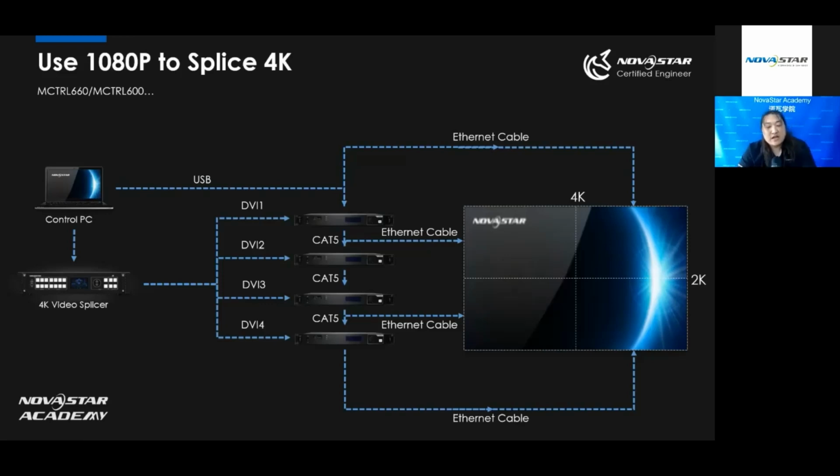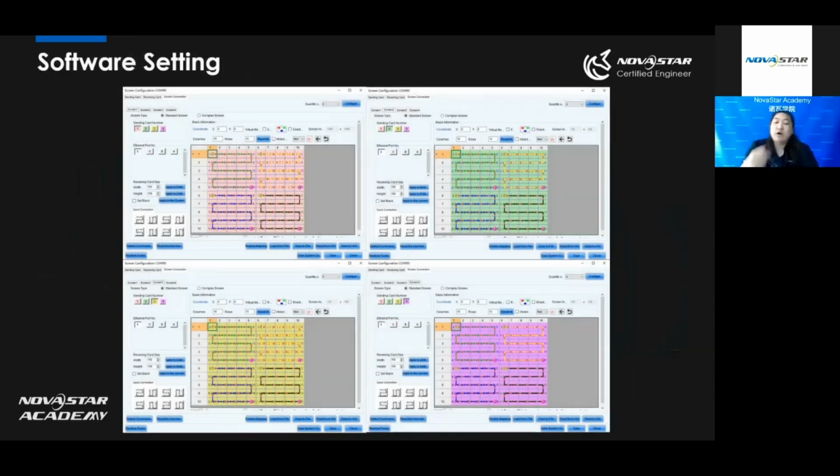So this is the diagram. What we have to do in the software is let the device know what it will do. As we know, we are going to use 4 devices here, right? We have 4 now.